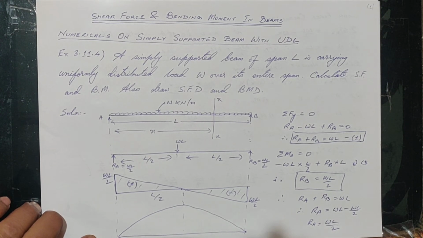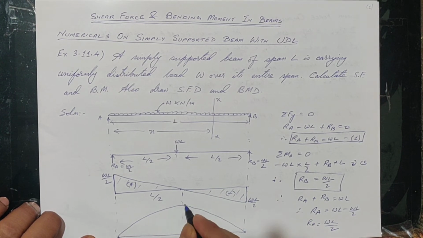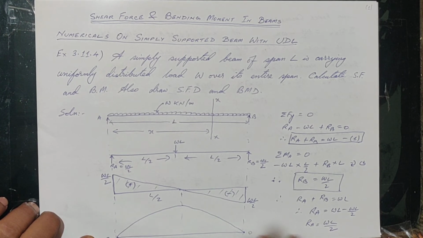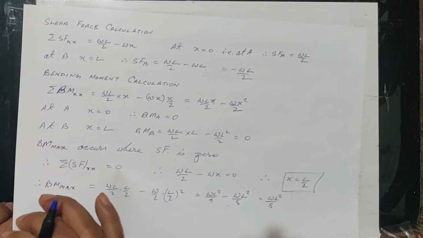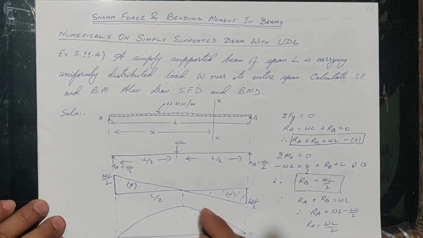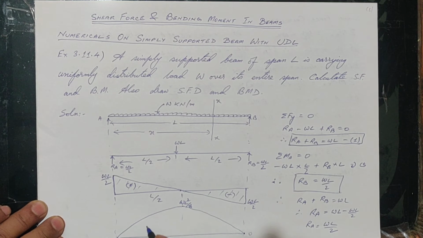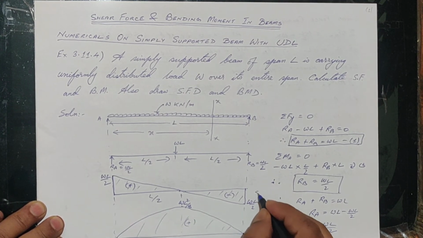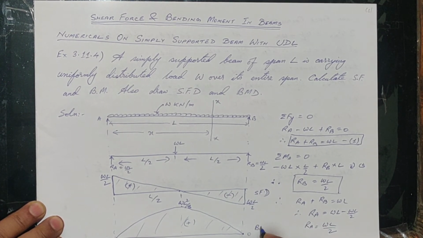It will be a curve where BM is 0 at both ends, and at the maximum point it is WL square by 8, as we had seen. This whole curve is positive only. So this is our SFD and this was our BMD.